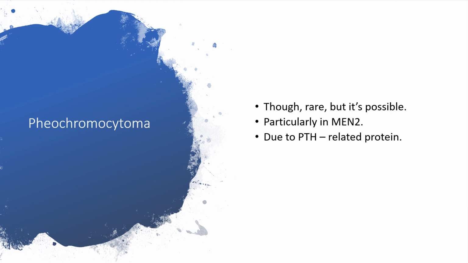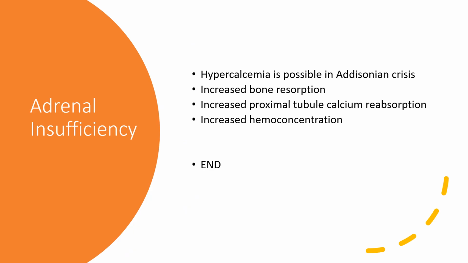It is due to parathyroid hormone-related protein. Adrenal insufficiency. Hypercalcemia is possible in Addisonian crisis. How about that? They will come down with bone resorption, increased proximal tubule calcium reabsorption, and of course, increased hemoconcentration.